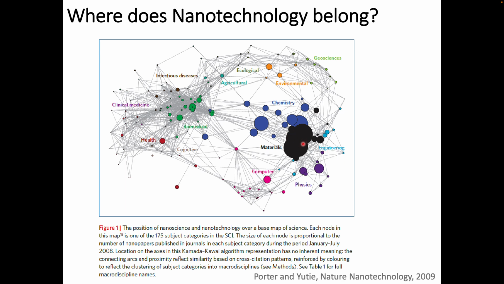For example, materials obviously, and then chemistry, engineering, physics, computer science, environmental, geoscience, ecological, agriculture, and biomedical and health. I cannot really find the current data, but I bet that the biomedical portion should be much bigger than before.